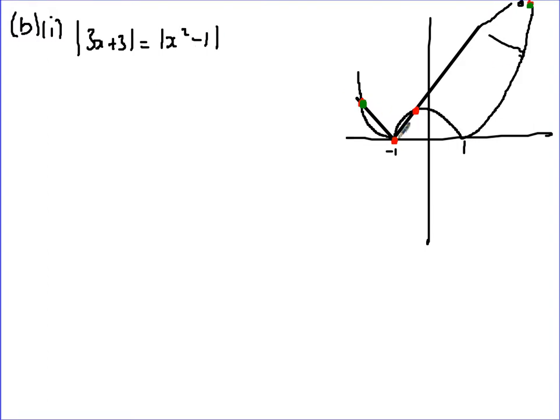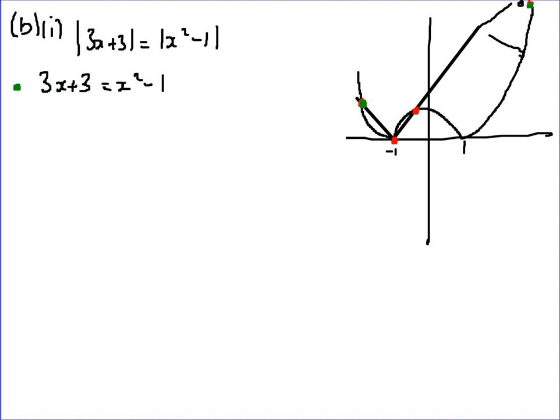These 2 points, why do they happen? Well, they happen because this has been used as a modulus. So we've actually got 2 equations to solve. We've got when 3x plus 3 is equal to normal x squared minus 1, and that will give you the 2 values here and here, so the 2 green dots if you like.